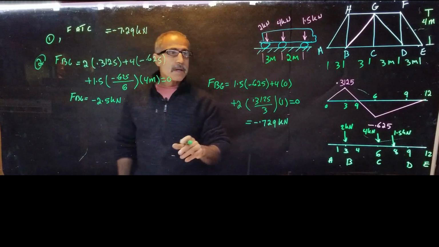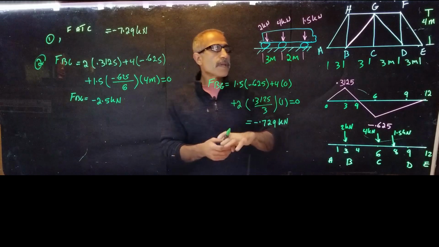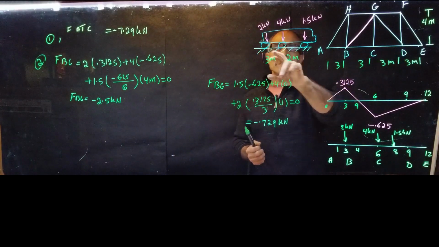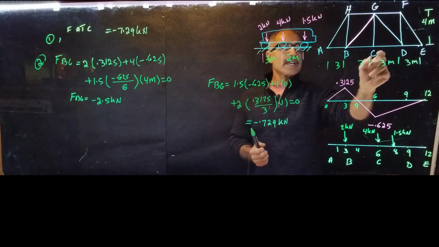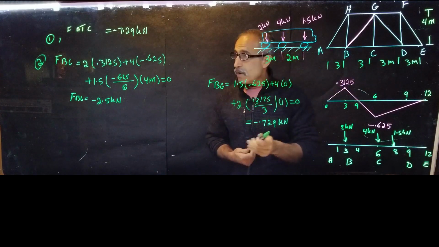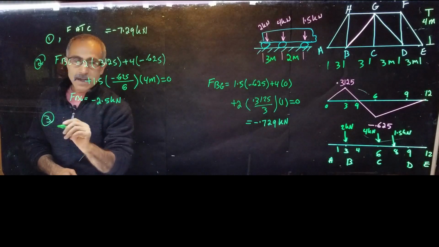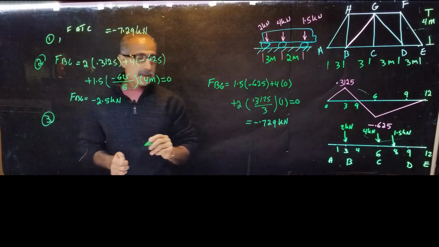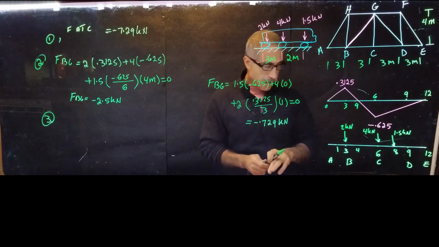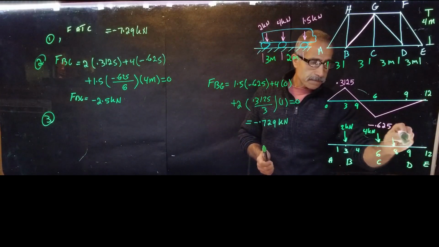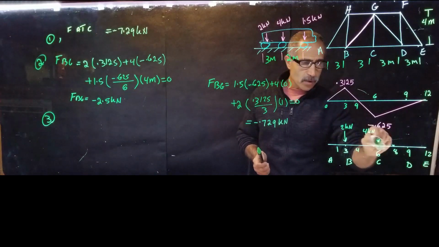Now let the vehicle keep moving. When it finally gets over here, the last tire is at point C, number 3. Again, this little free body diagram will help so you won't get confused.